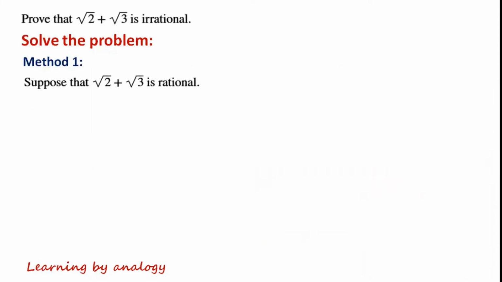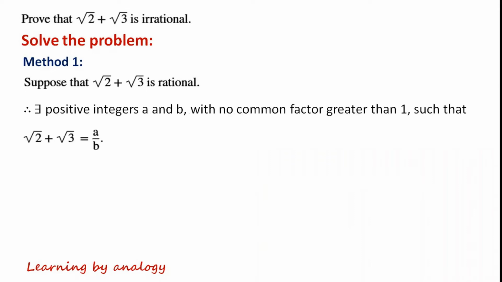Suppose that root 2 plus root 3 is rational. So there exist positive integers a and b with no common factor greater than 1, such that root 2 plus root 3 equals a over b.